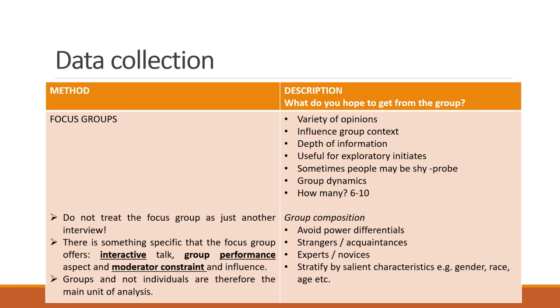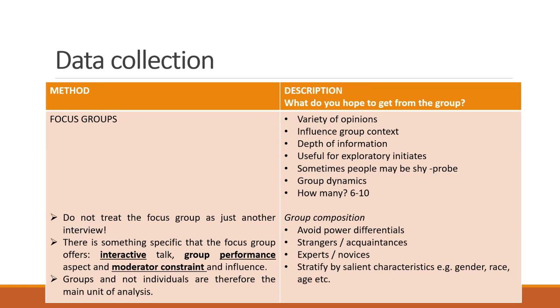Right? So you do focus groups because you're interested in a variety of opinions. You're interested in the depth of information that comes from that particular space. You're also interested in exploring a particular issue, in the perceptions that people have, but also group dynamics.